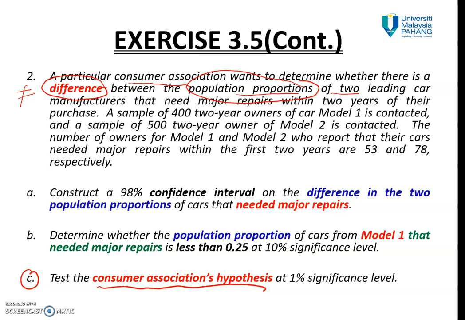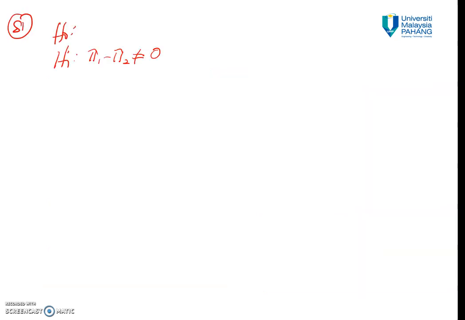It can be pi 1 minus pi 2 or pi 2 minus pi 1, but you follow the question for ease. So here is your claim, because you get the word difference in the question: pi 1 minus pi 2 not equal to 0.